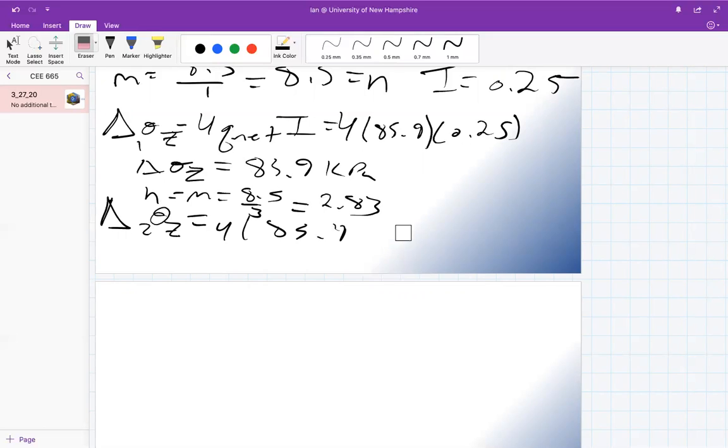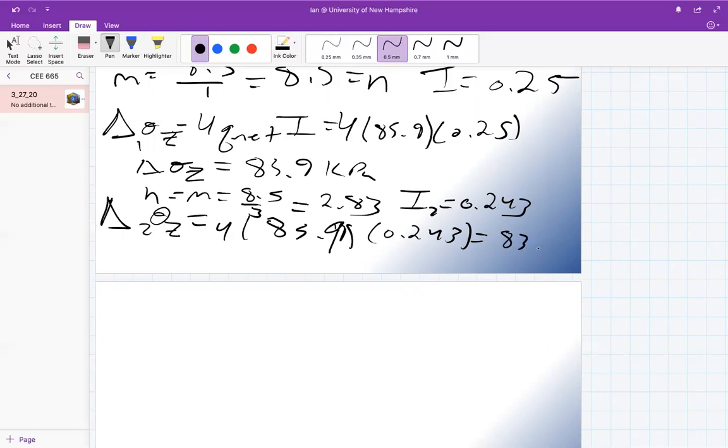Like I said, you guys will have to bear with me a little bit as I'm learning all this stuff. So 85.9 times, and when we go through our chart, we will find that the second I value will be approximately 0.243, and then we get 83.5.